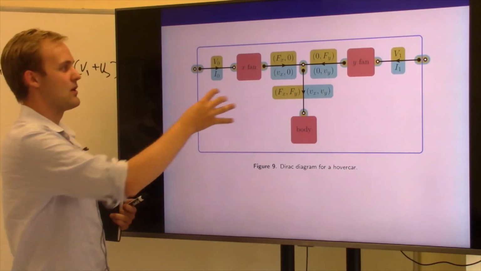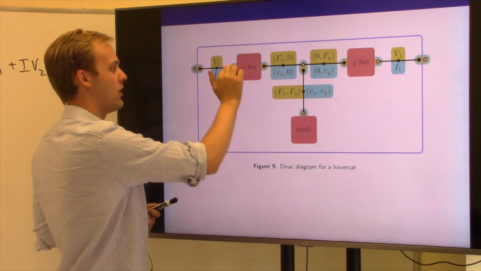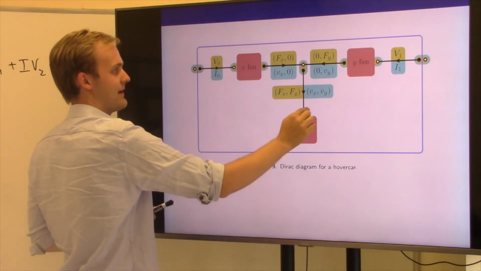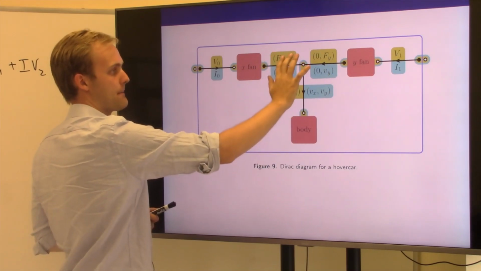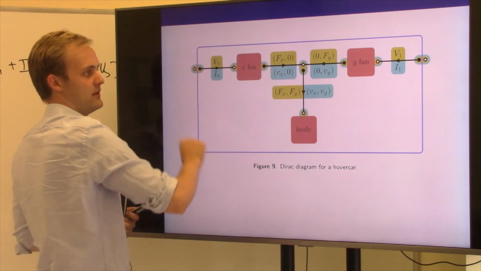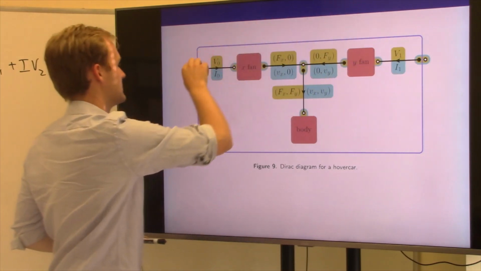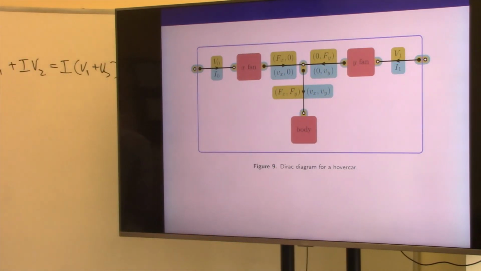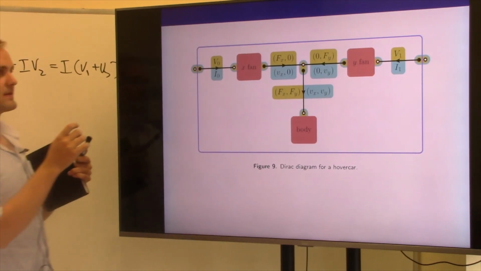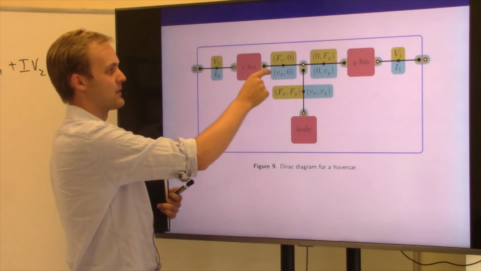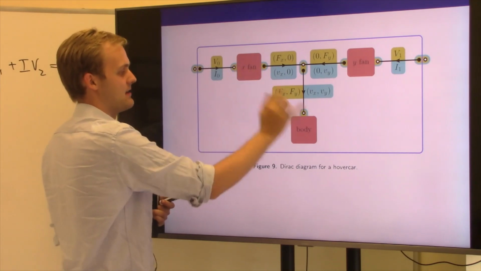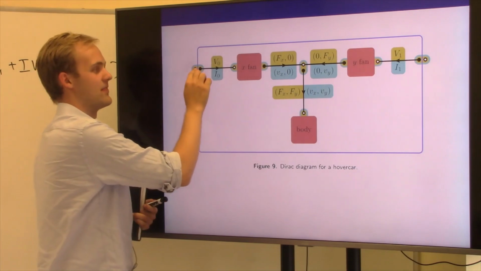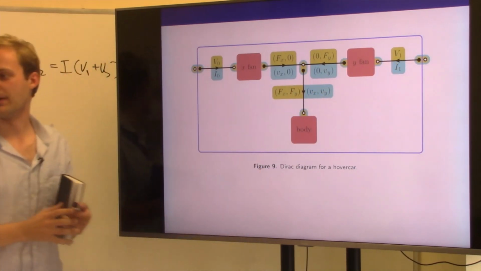And then we take the relation between all of the internal flows and efforts and the external efforts and flows. And we turn this from a Port-Hamiltonian system on these efforts and flows to a Port-Hamiltonian system on these efforts and flows by applying that relation.